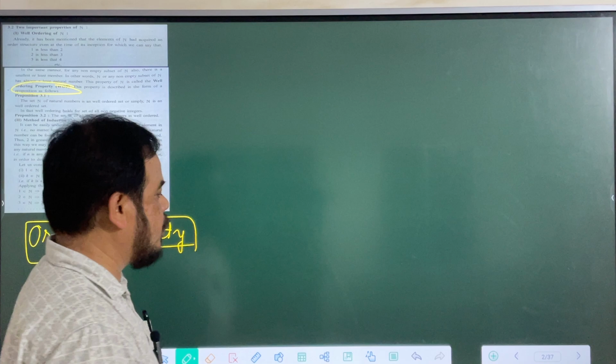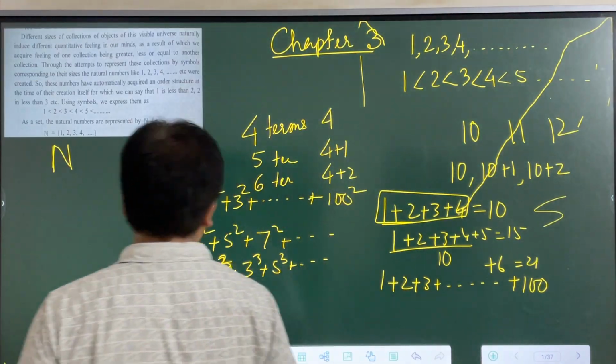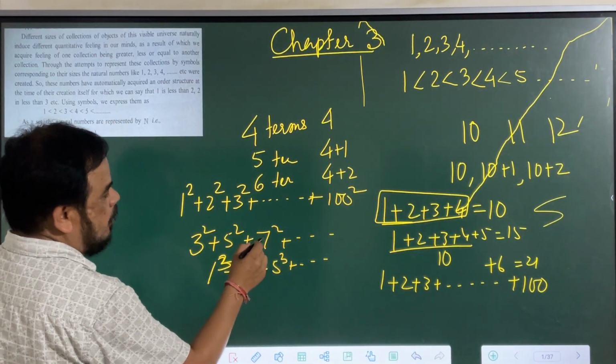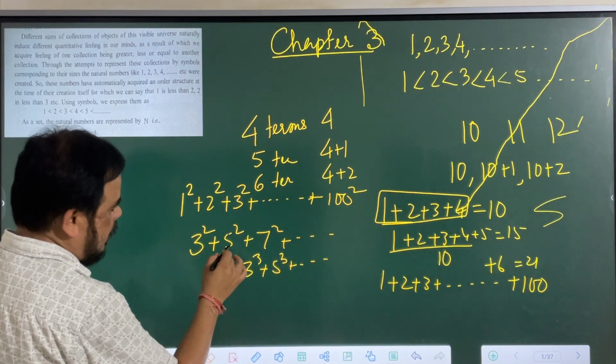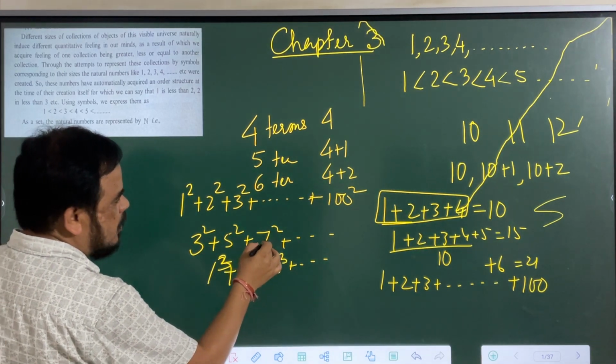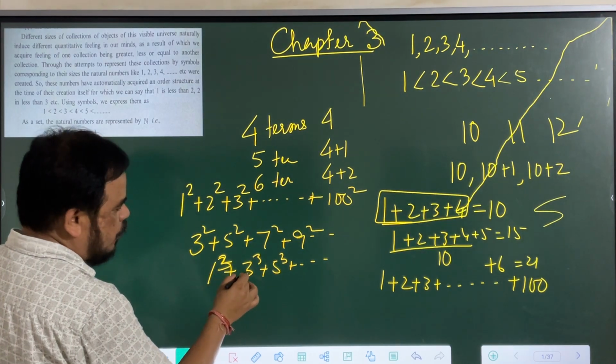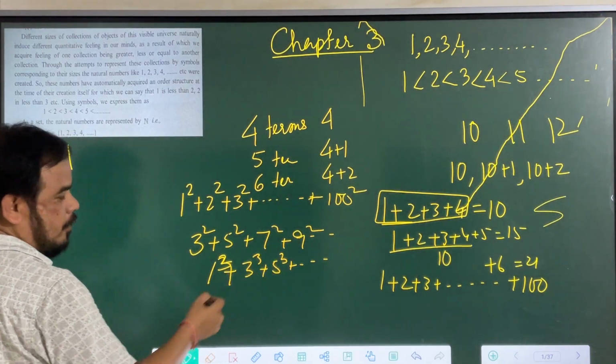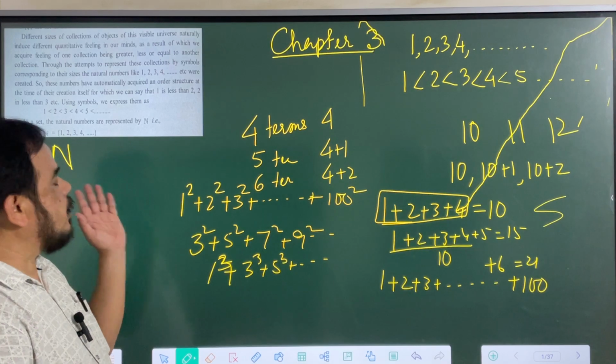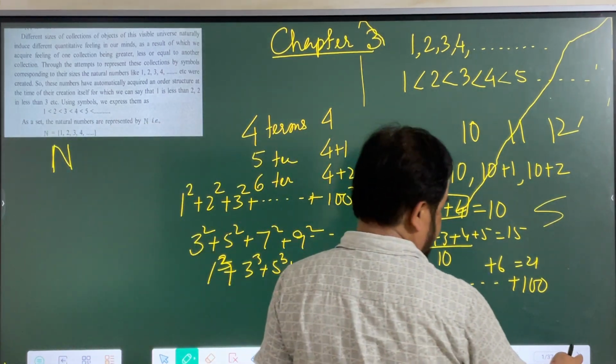There will always be some order. What I have told you here, 3 5 7 maybe square but the difference is same. 3 to 5, 5 plus 2 is 7, 7 plus 2 is 9, this way. 1 plus 2 is 3, 3 plus 2 is 5. So this is order. That is what is written here, ordering property.